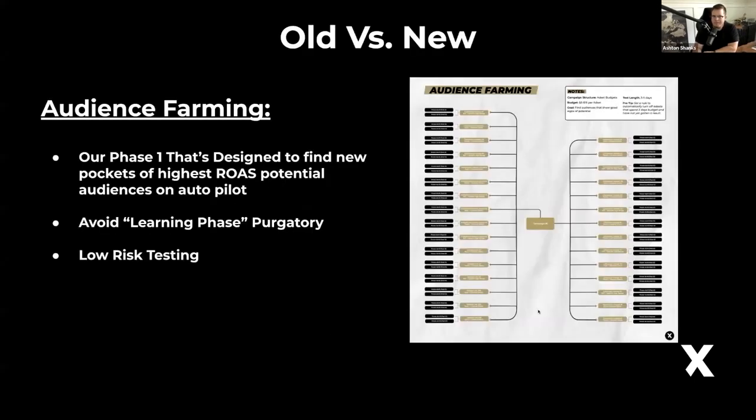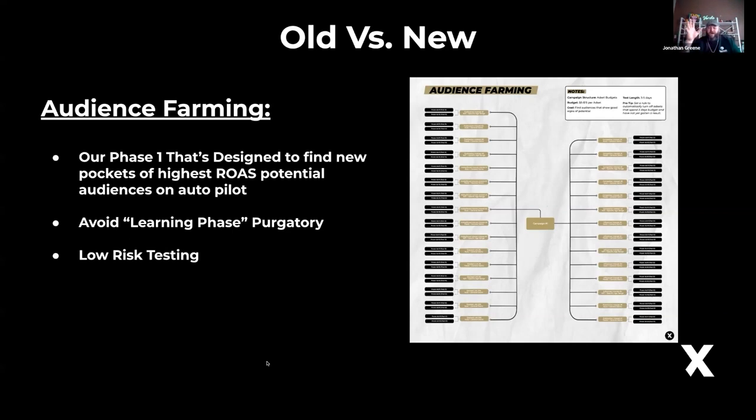Phase 1. Jonathan, tell us about phase 1. Well, phase 1 is all about audience farming. That's what we're going to do when we're trying to figure out to whom we should be marketing. How many of you understand that in order to have effective marketing, we need to both say the right thing, and we have to say it to the right people, right? So there's two real components there. Phase 1 is all about the right people part of that little equation.